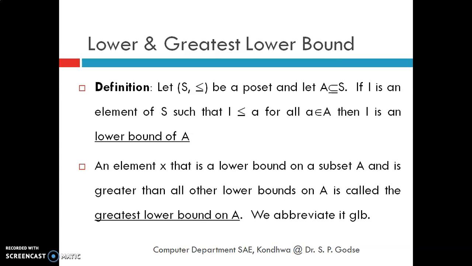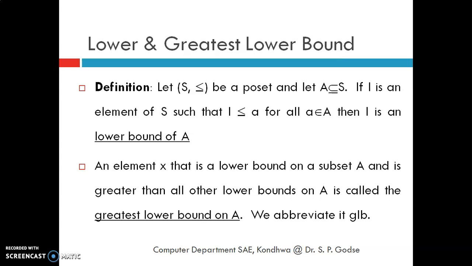An element X that is a lower bound on a subset A and is greater than all other lower bounds on A is called the greatest lower bound of A. We abbreviate it as GLB.